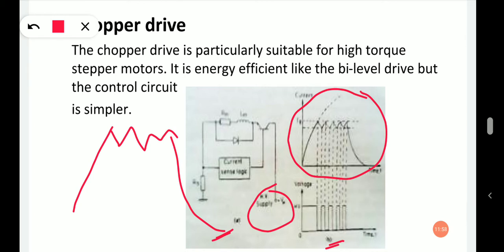Again, as the current reaches some 2 to 5% below the rated value, the voltage is applied again.